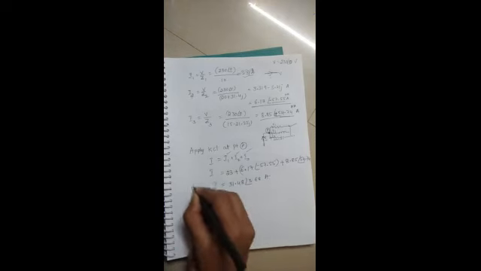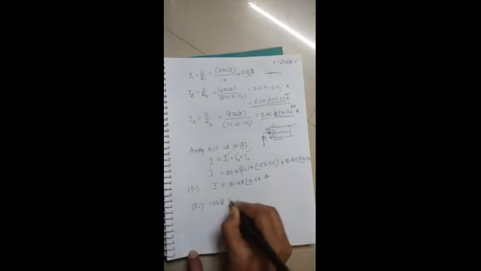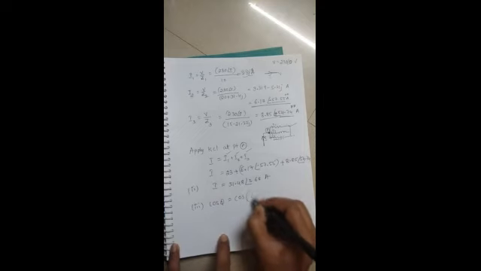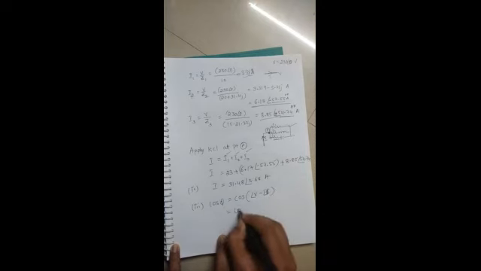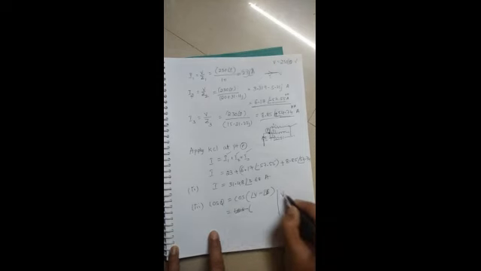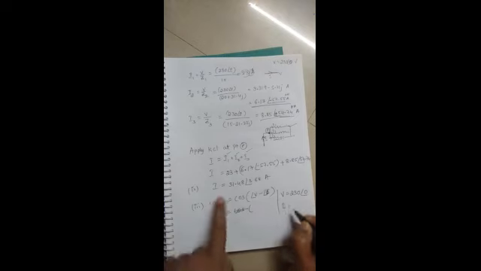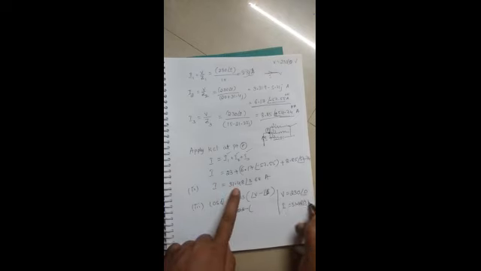Now we'll do the third one, which is cos phi. Cos phi is the cos of the angle of voltage minus the angle of current. V is 230 at an angle 0, and the current of the circuit we calculated is 31.48 at an angle 3.68.